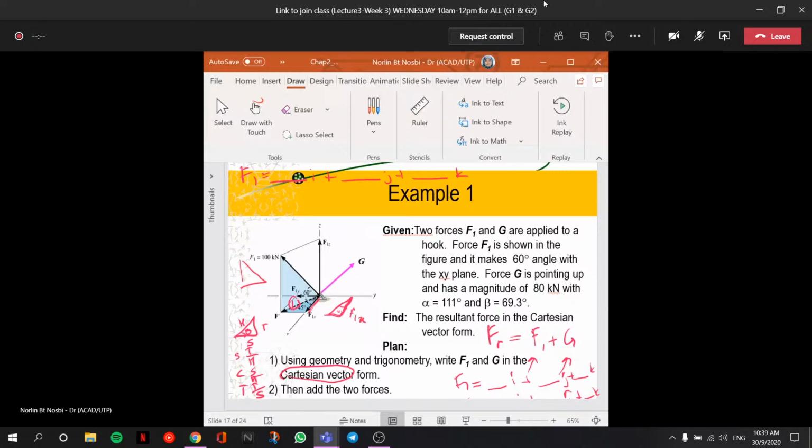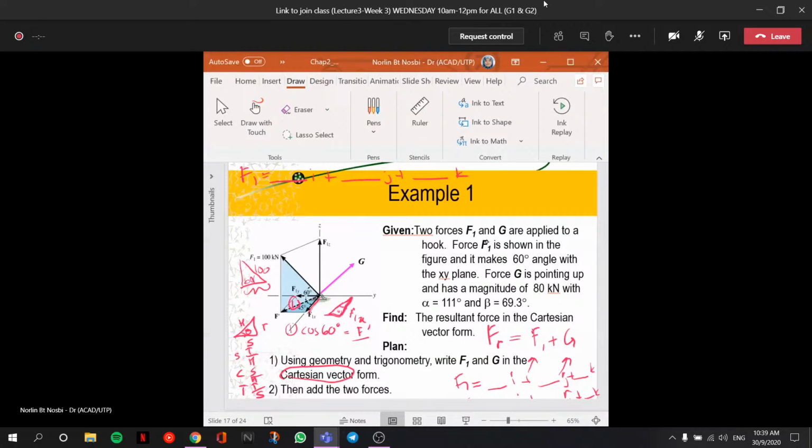Which formula? Side and hypotenuse, so you should use cos. So cos 60 degree equals F1 prime over the hypotenuse 100.